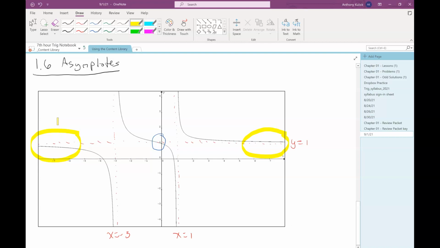We're not going to worry so much about that distinction inside of this section. We'll call this an asymptote for now. But last year, I think when we talked about rational functions, we made a distinction there between like the end behavior and an asymptote. So like the end behavior is the more general term, like every asymptote is an end behavior, but not every end behavior is an asymptote.